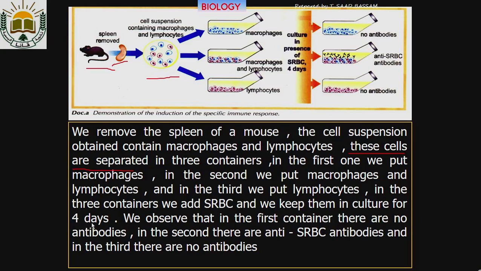For 4 days. So I told the teacher, in the first we put macrophages, in the second macrophages and lymphocytes, and in the third lymphocytes. Then we added to the 3 containers SRBC and we put them in culture for 4 days. So I am putting the details. I am not adding information. I am not eliminating information.